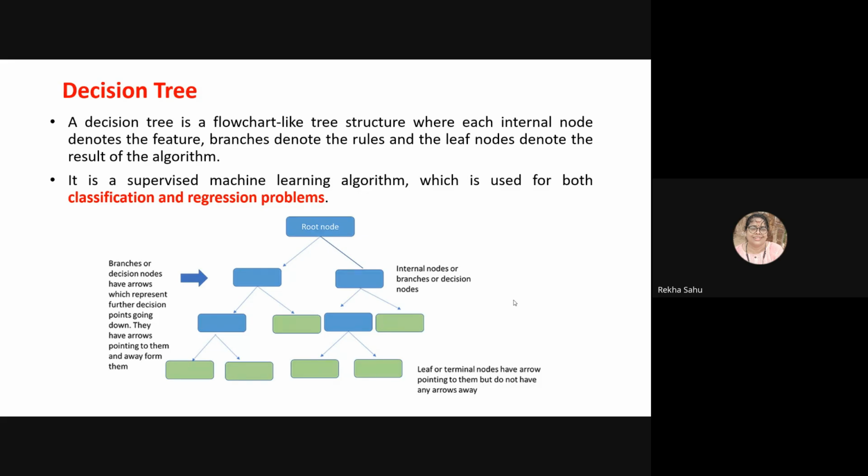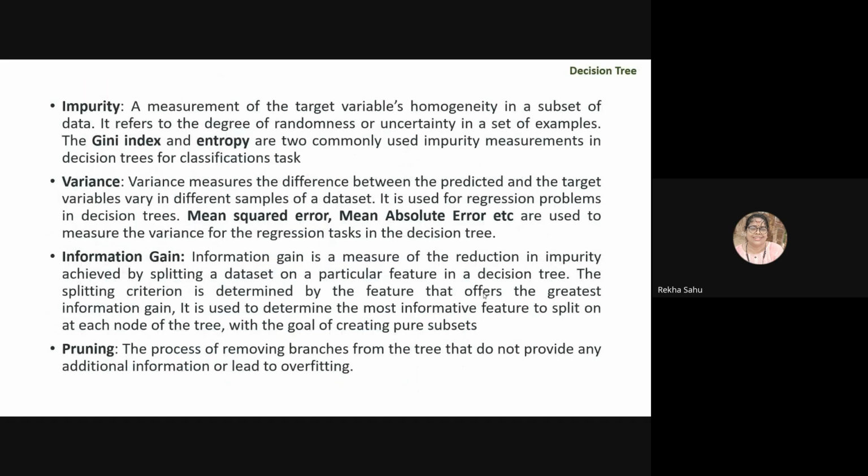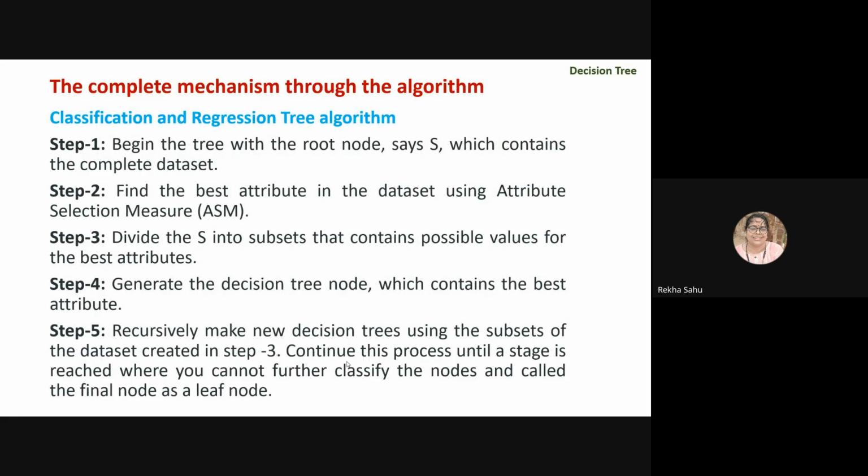For that, you will not create more children of some internal nodes, and you will remove them to avoid overfitting. That is called pruning: removing the branches from the tree that do not provide any additional information or lead to overfitting. So here is the common algorithm.